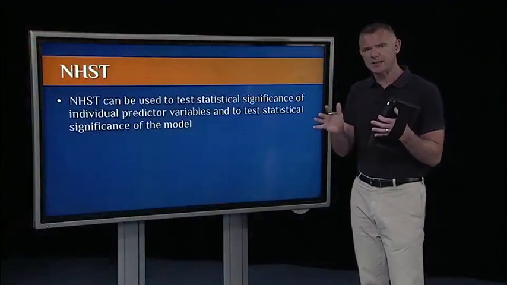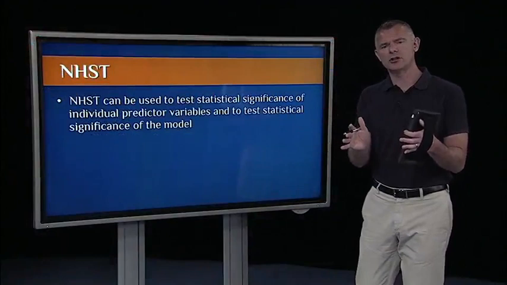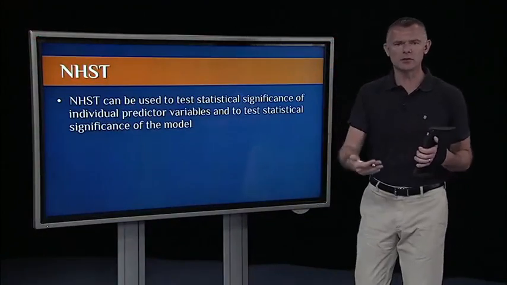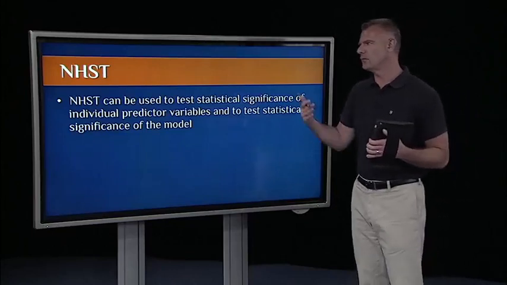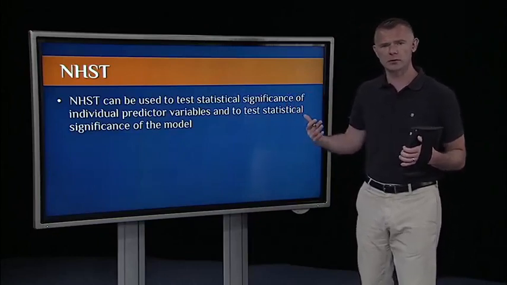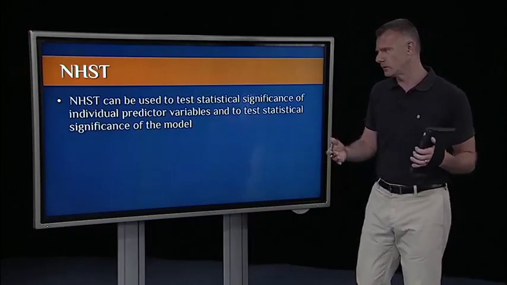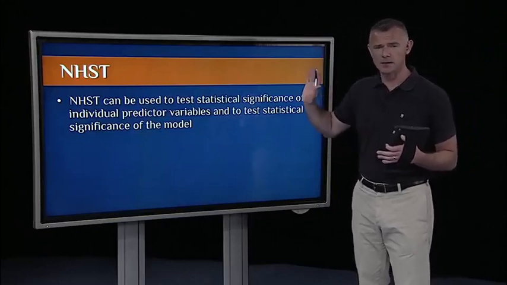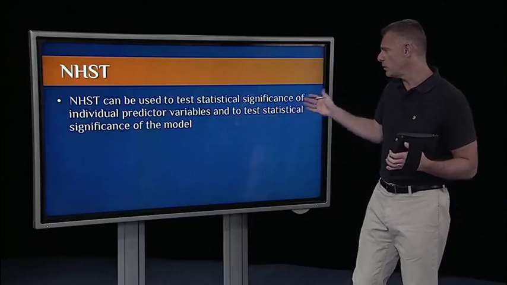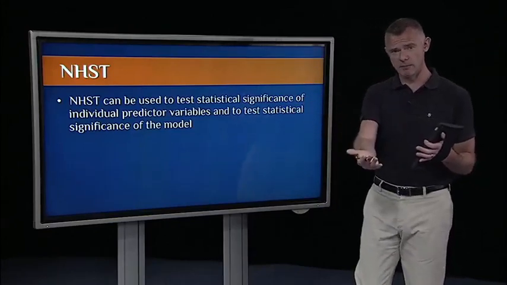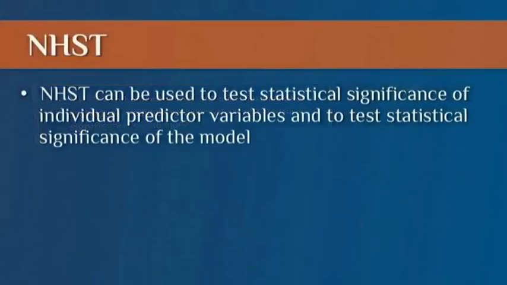But that section of the course is also where we introduced inferential statistics and this idea of null hypothesis significance testing, which is also a really important piece of this course. Remember, in the context of regression, it could be used to test the statistical significance of individual predictors in a model, or to test the overall value of a model.